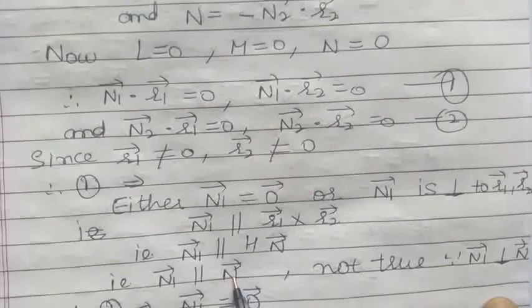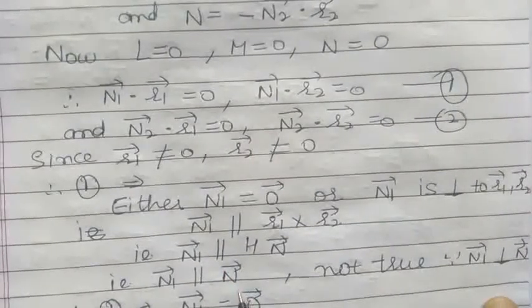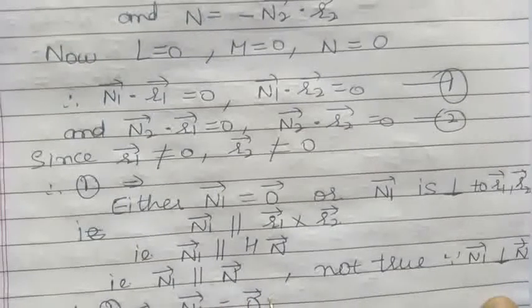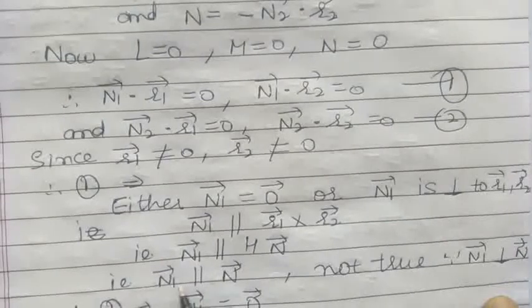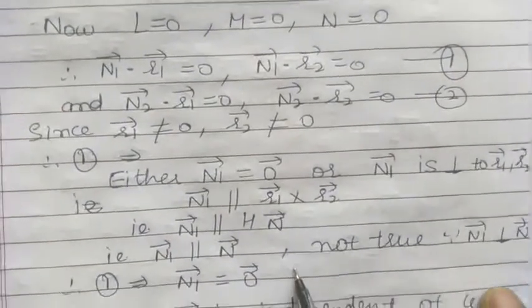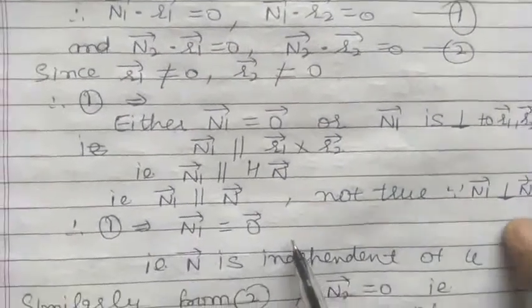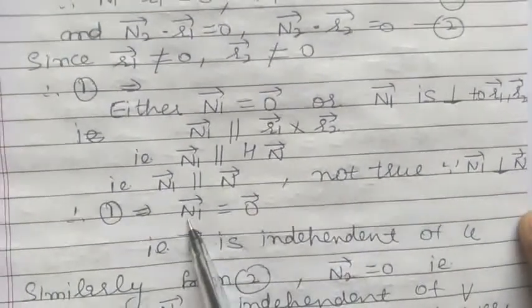But as we have already discussed, vector n and vector n1 are perpendicular vectors, because n is a normal unit vector, its magnitude is constant, and we know that if the magnitude of a vector is constant, then its dot product with its derivative is always 0. So these two vectors are perpendicular, so this condition is not possible here. So we are left with only one possibility, so n1 must be 0. Now what is n1?